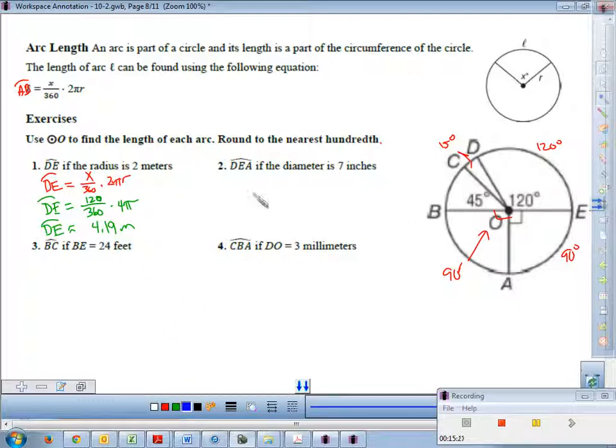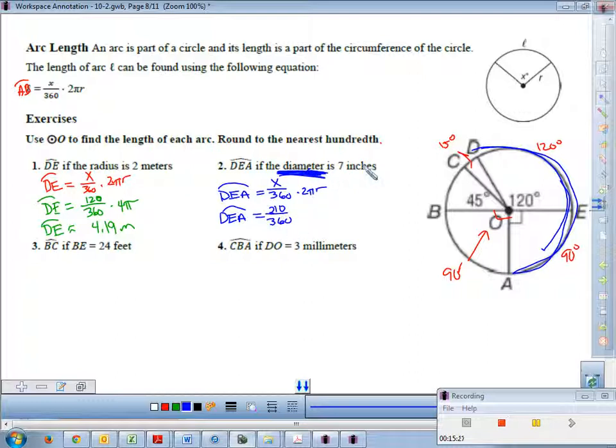Let's do that again, but they're going to change things up on me. First they give me the diameter is 7 inches. The length of arc DEA is going to be x over 360 times 2 pi r. I know it gets old to write that formula down, but please do that. Arc DEA is from D to E to A, so I add those together and get 210 degrees over 360.